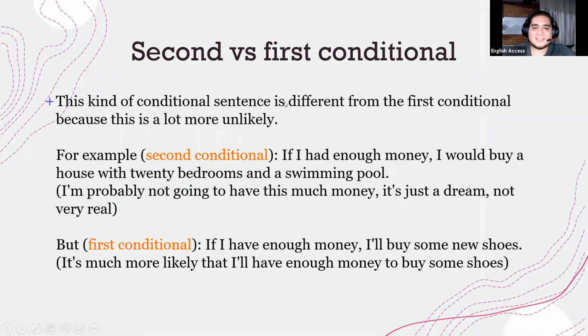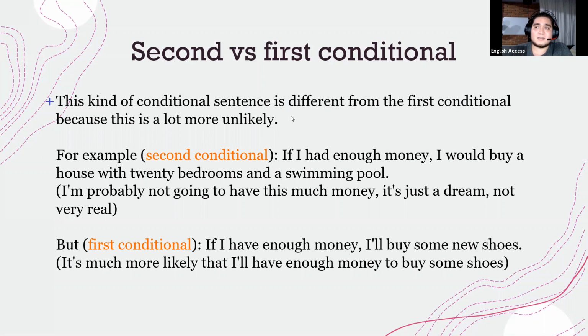Now, second conditional versus first conditional. This kind of conditional sentence is different from the first conditional because this is a lot more unlikely. The difference between the first conditional and the second conditional is how likely one is.